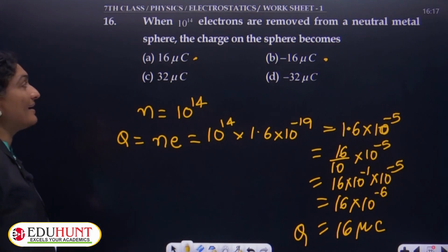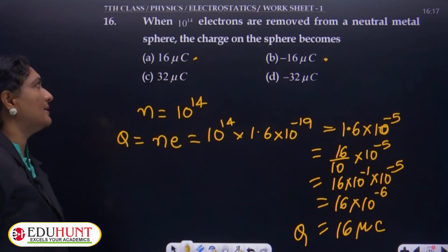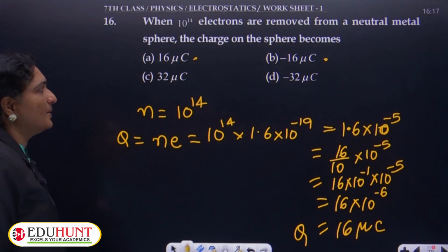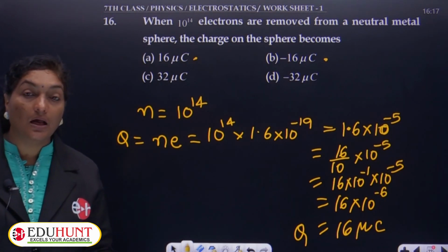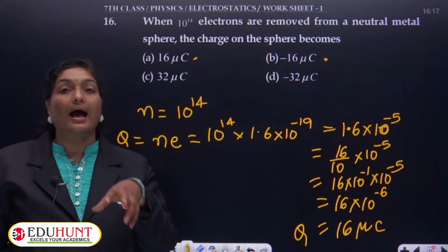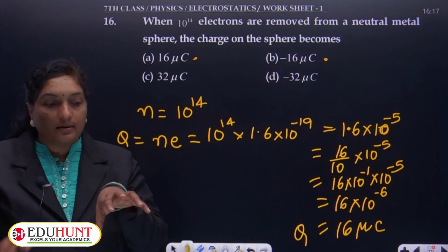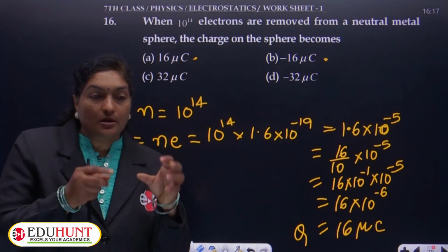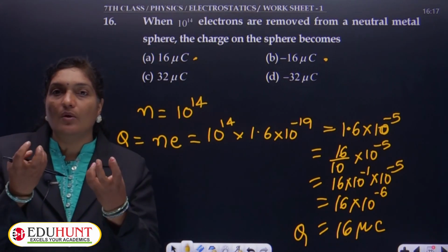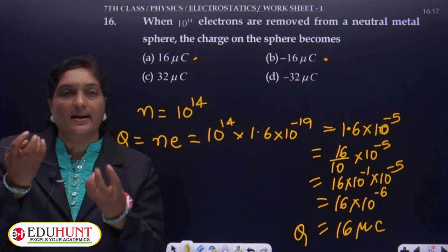10 power 14 electrons are removed from a neutral metal sphere. The charge on the sphere becomes, earlier the sphere was neutral, uncharged, meaning it consists of an equal number of positive and negative charges.